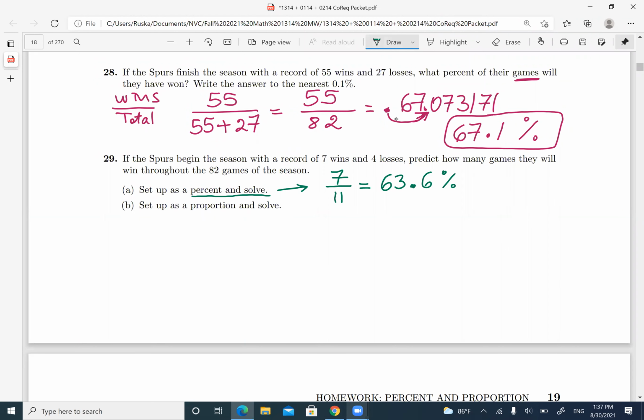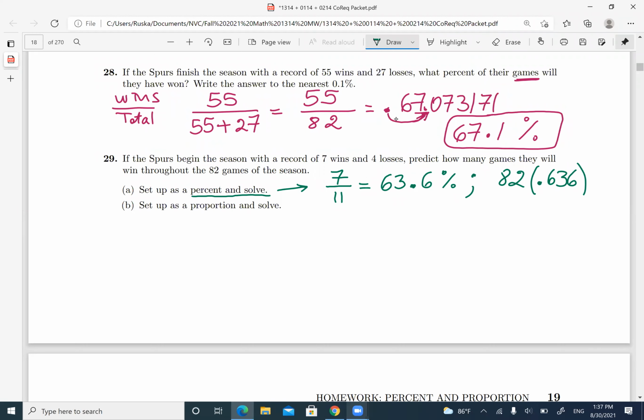Now the question is how many games they will win if they play 82 games. So what I need to do is multiply 82 times 63.6%, which is 0.636.